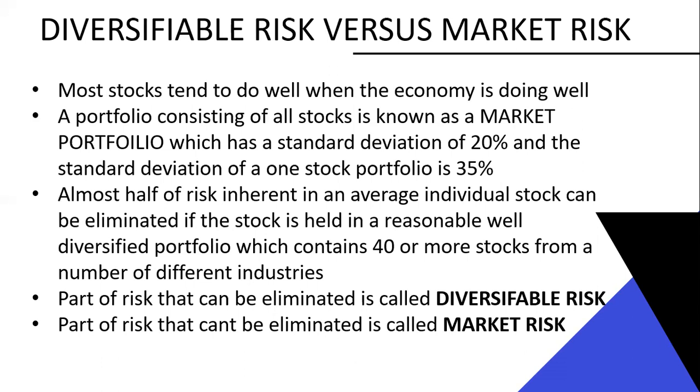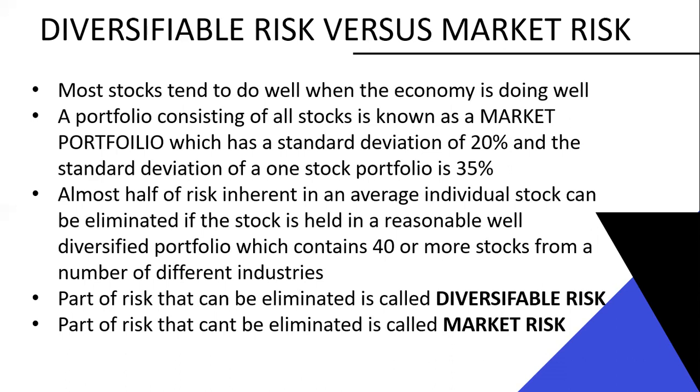Now, a new term that is also introduced in the chapter is called market portfolio. A market portfolio is basically if you make a portfolio of all the stocks in the stock market. If you do that, then generally the standard deviation of such a market portfolio will be 20%.